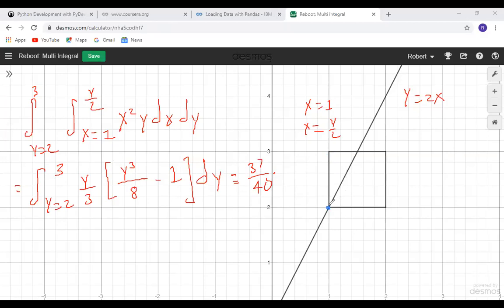So we could say that for all values of x from here to here, the y value goes from this slanted line up to this horizontal line. So now that integral would have the x integral on the outside and the y integral on the inside, and y is going from 2x to 3.